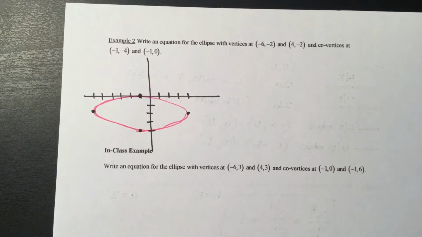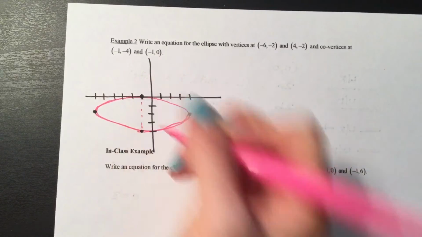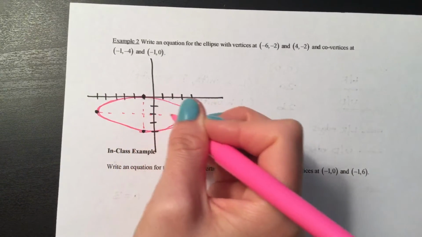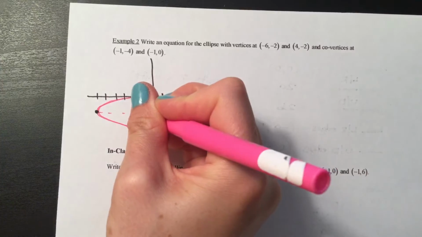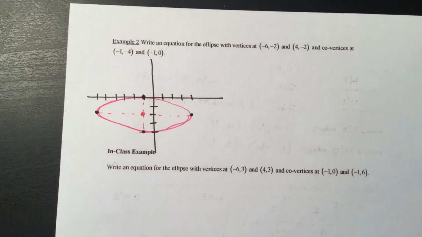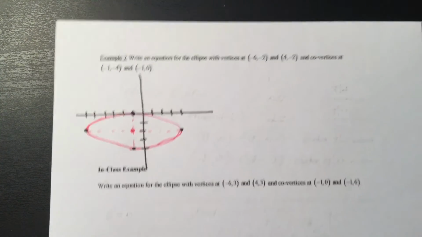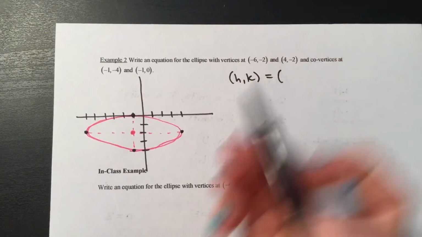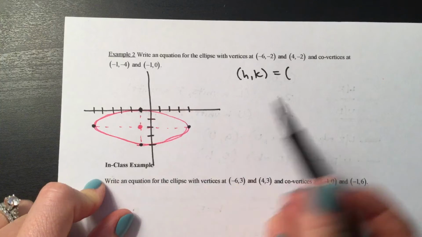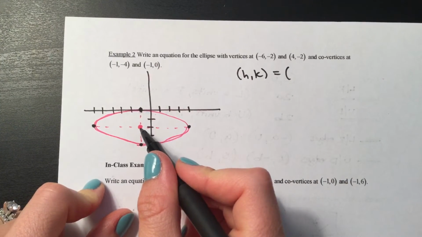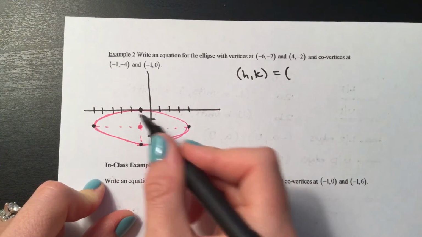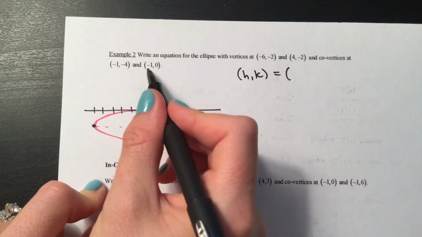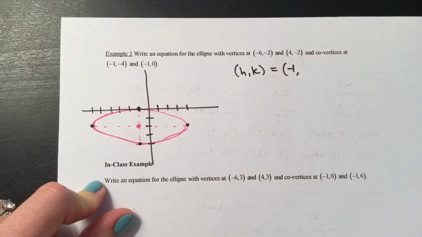So the center is actually pretty easy. You just trace these together, and then where they intersect, that's the center. So this is our center right here. So let's calculate it out and write it down. So our center, h comma k: the x value is -1. Notice that the x value of the center is the same as these x values, and these x values are -1.